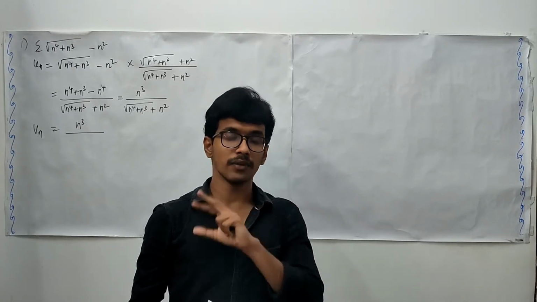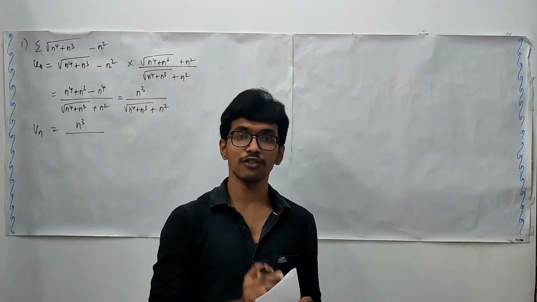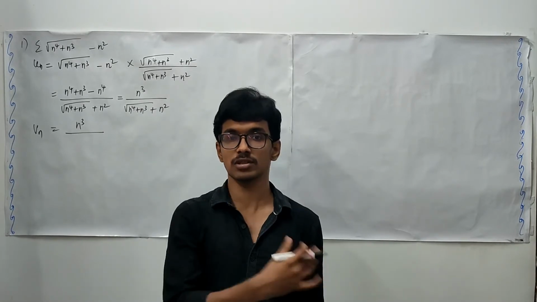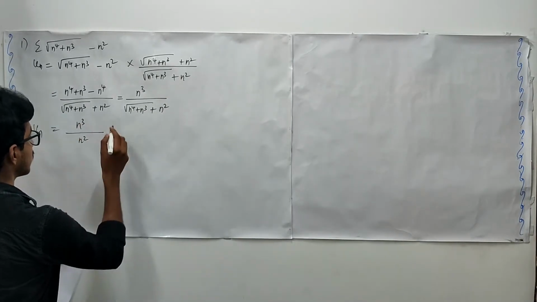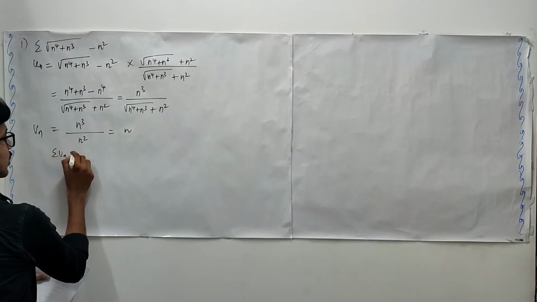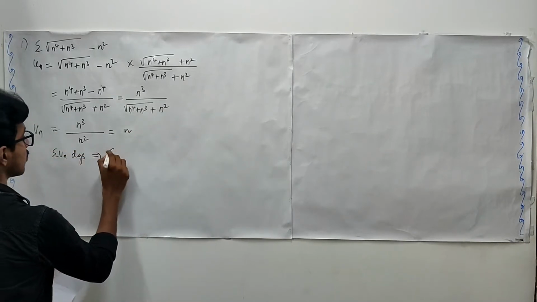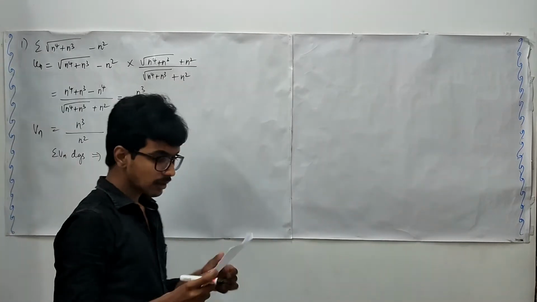When the terms are in product, that is in multiplication, we will have to collect the leading terms in each. So it is going to be simply n square, and this is going to be simply n. We know that summation v_n diverges, and this implies the given series also diverges.